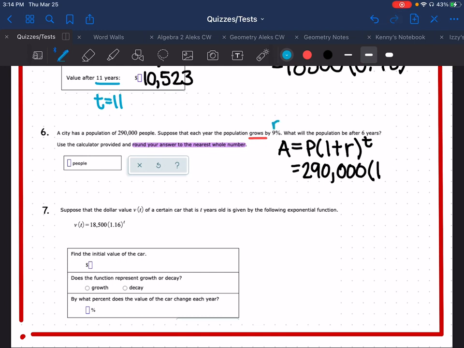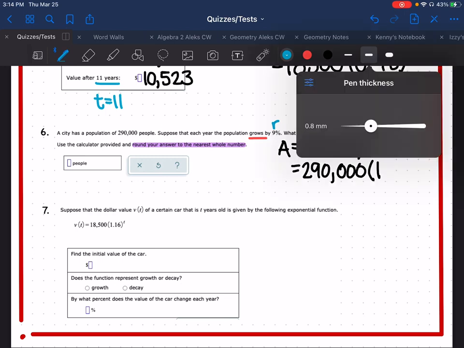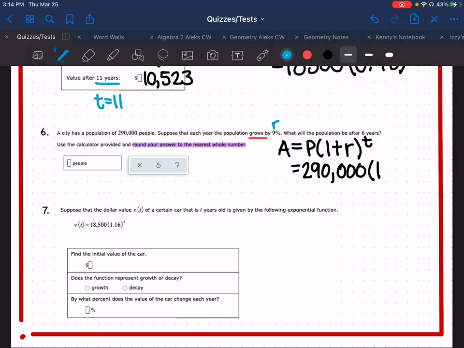But remember, I can't leave my rate as a percent. I have to change it to a decimal. I move it 1, 2 to the left. And so my rate is going to be 0.09. So I'm going to add that on. And my time is the 6 years that they were asking for.